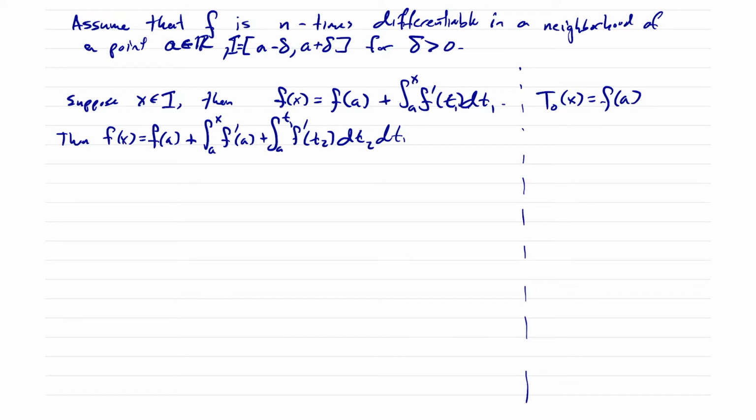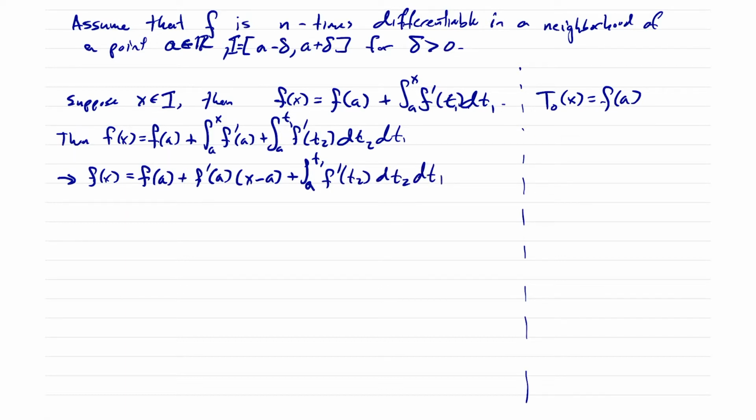Since f prime at a is constant, we can go ahead and integrate that. That gives us that f of x is equal to f of a plus f prime at a times x minus a plus the integral from a to t1 of f prime of t2 dt2 dt1.